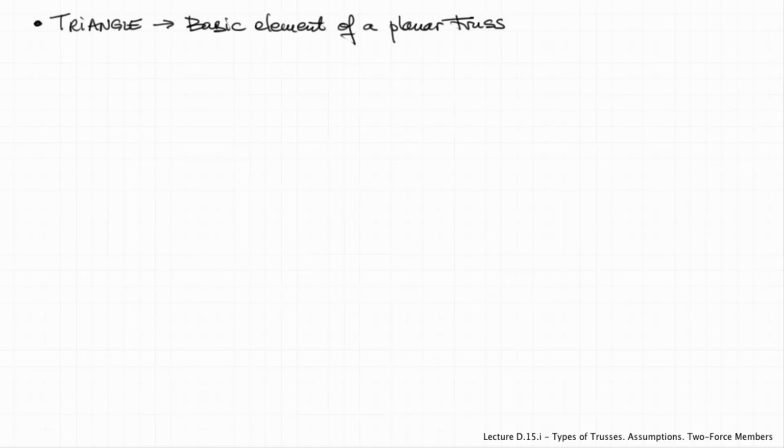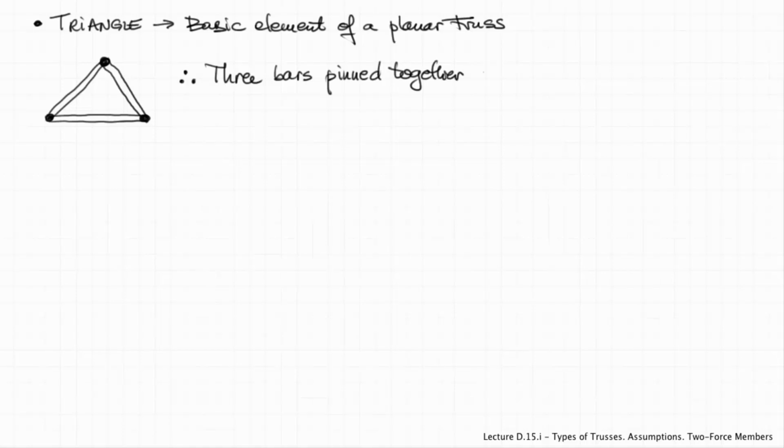Well, the reason for that is, if we look at a triangle, so let's say we have three straight members, like three bars, that are connected together by pins, so the members can rotate relative to each other at each connection, but all of them are connected in a triangular configuration, like the one that you can see now on the screen.